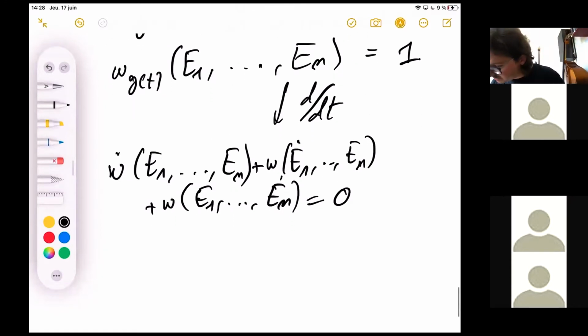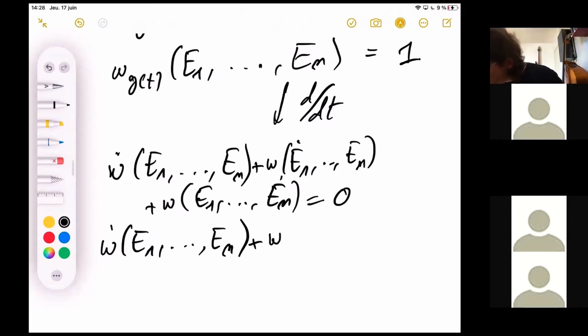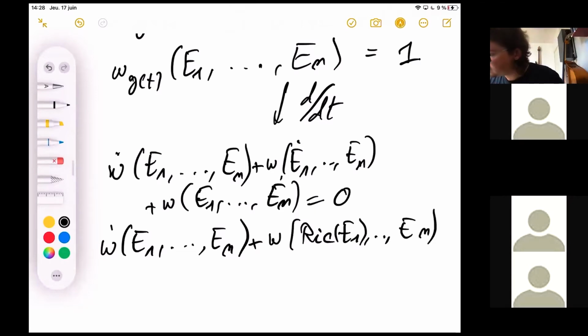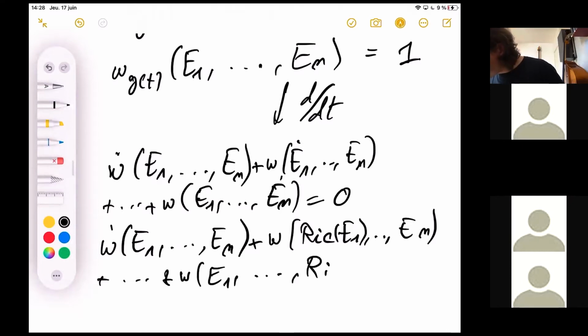But then we know who those e_i dot are, so plus omega, so here this will be Ricci of e_1 as a vector, of e_1, and then, let's not forget the dots, omega of e_1, Ricci of e_n.